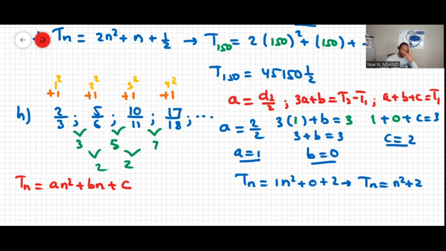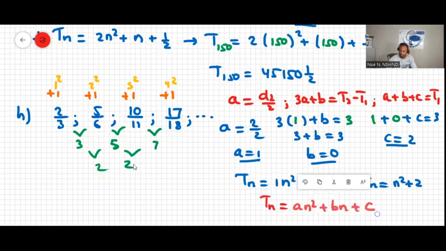We could also do something similar to what we did at the numerator, because this is a quadratic pattern. Let me just move this formula over here. We could also look over here. We have the number 3.